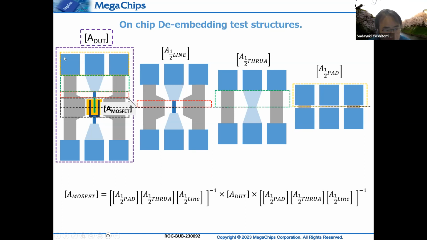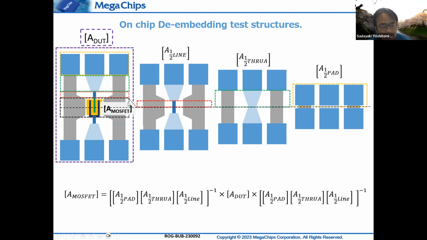Here, the test structures obtain the S parameters for each part of the GSG test structure, represented by the rectangular parts with different colors.